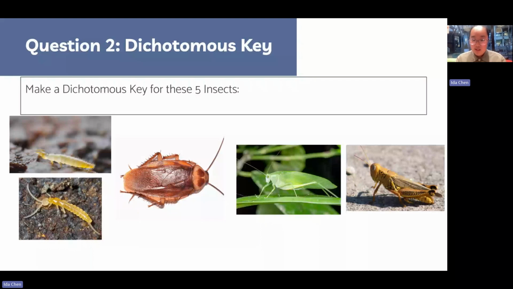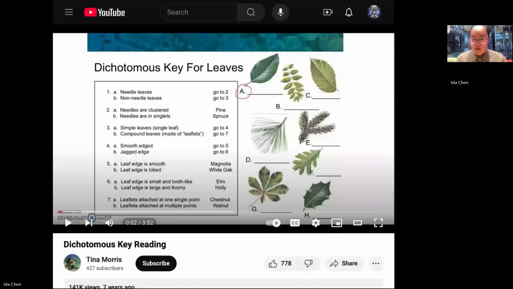This is a non-needle leaf, so I go to 3. Is it simple or compound? It's simple, so I go to 4. Smooth or jagged? It's smooth, so I go to 5. Okay, can y'all see the leaves now? Lovely. Okay, thanks for telling me. Yeah, so this is a dichotomous key for leaves.